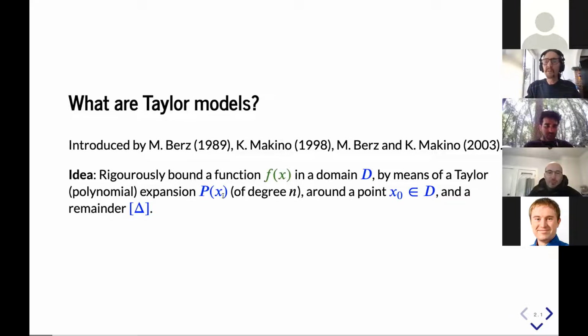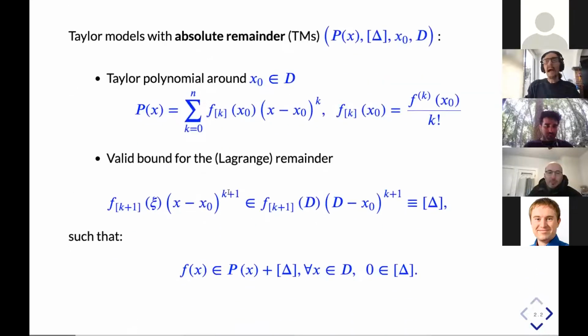You can play with the degree later, which you are creating by expansion around a given point inside the domain, and together with a remainder. So a bound of the error that you are actually making by going from this f of x to the polynomial. And in a way, what I described means you need a tuple of 4 elements: the polynomial, the remainder bound, the expansion point, and the actual domain.